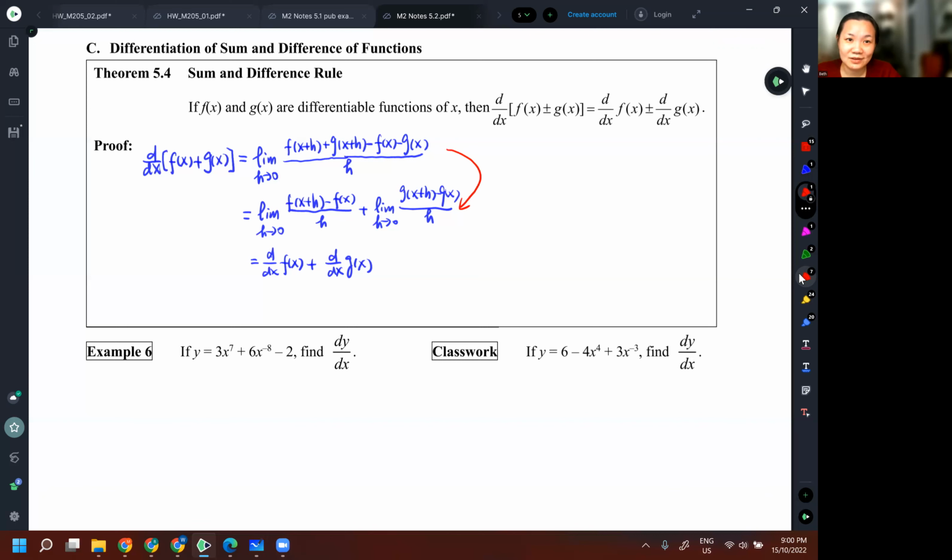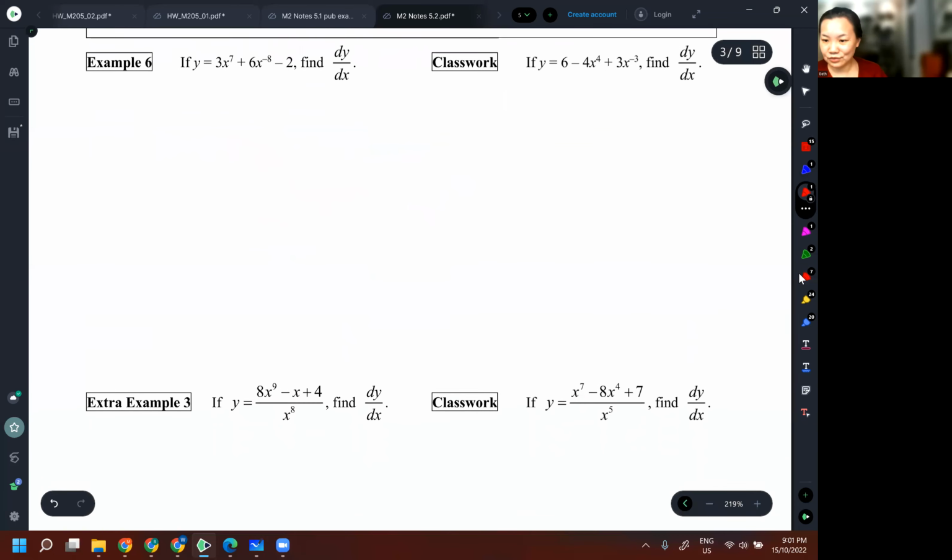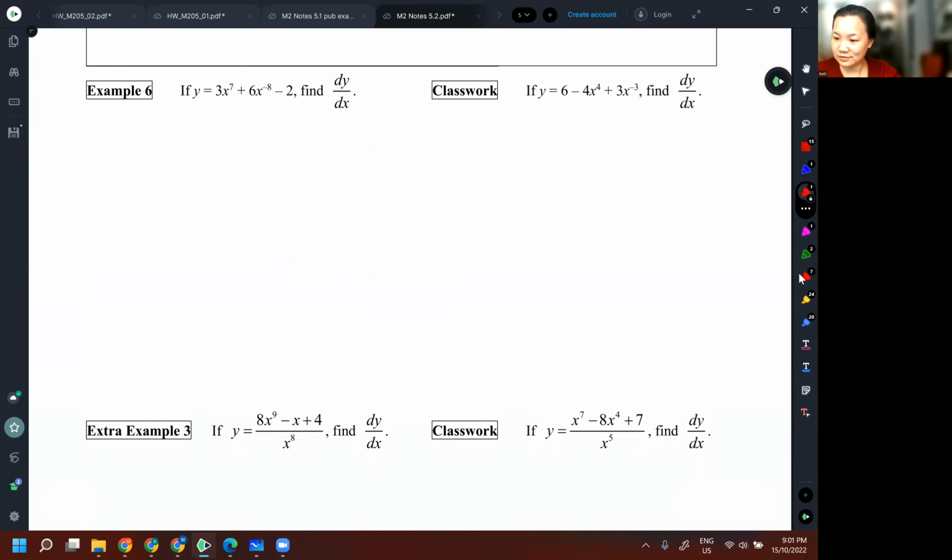Without those, we can't prove these. Remember, the limit of the sum is the sum of the limits. Now the other one, the difference one, is the same. Now I'll show you an example and then you will do the classwork.